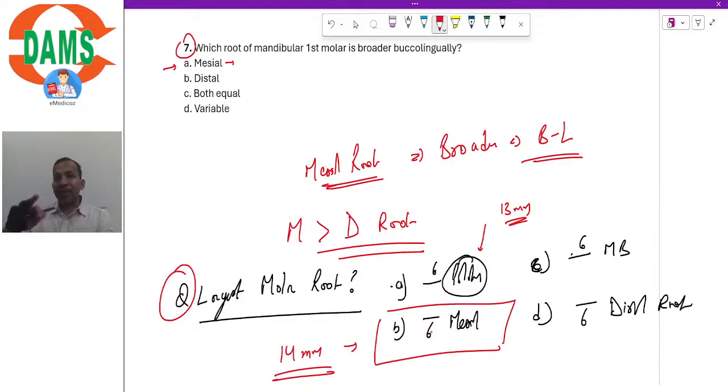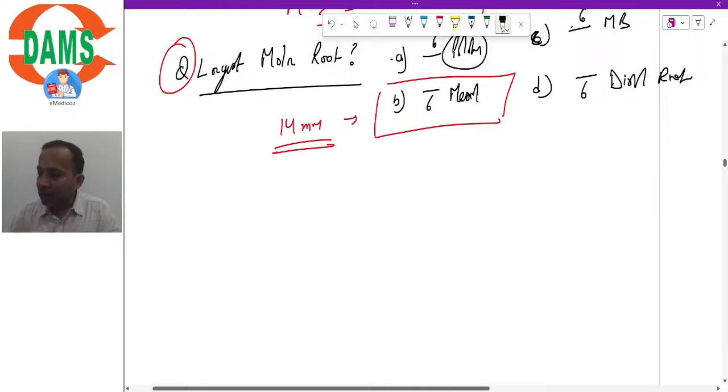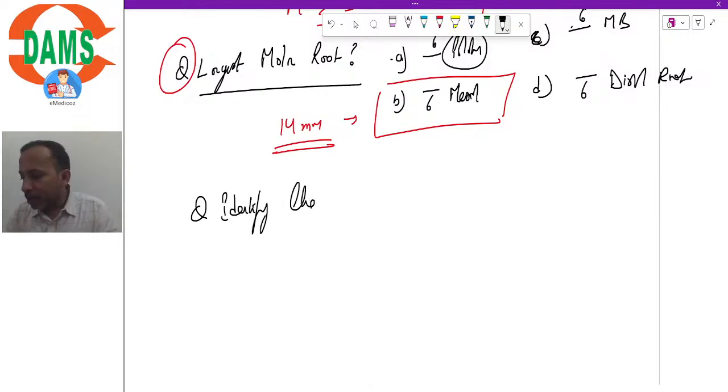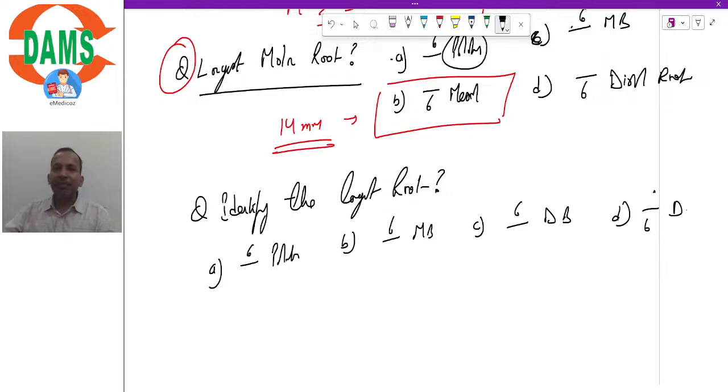Palatal is the largest maxillary molar root. Usually what happens is you might be asked to identify the largest root, and they might give you the options as upper 6 palatal, upper 6 mesiobuccal, upper 6 distobuccal, and then some other option, maybe lower 6 distal, right?